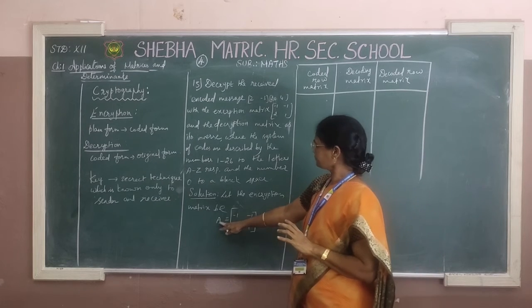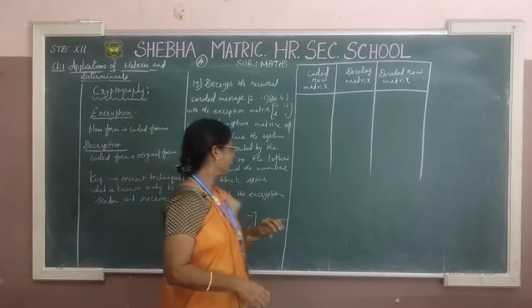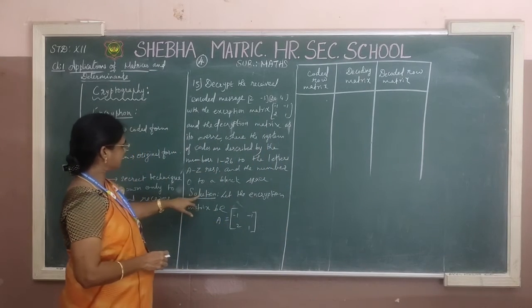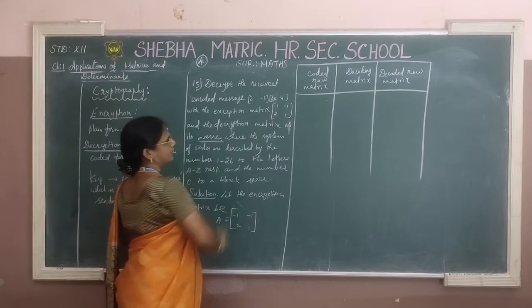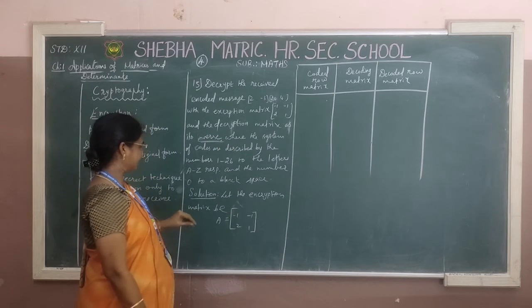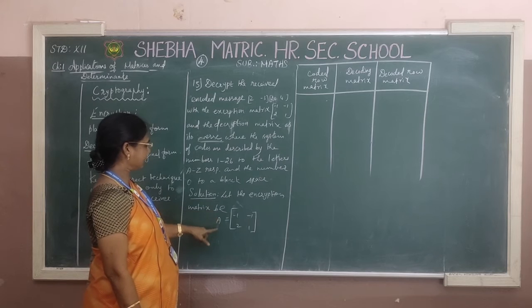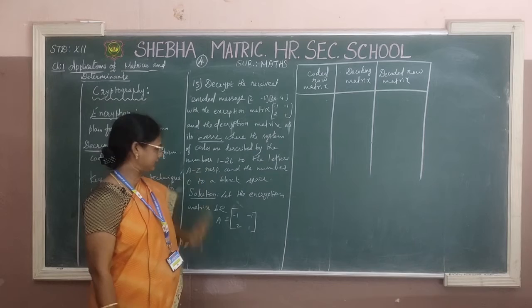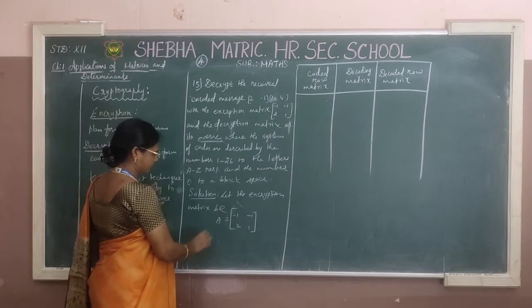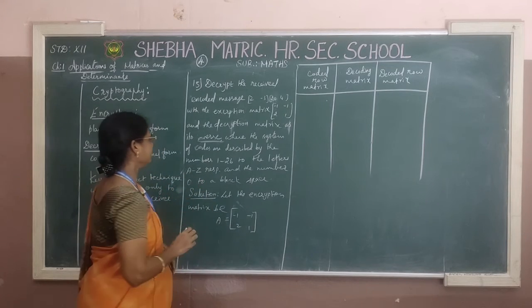Next, listen to the sum. Let us see the sum first. We have to find the inverse of the given matrix. So, first take the given matrix as A. This is our encryption matrix. If you find A inverse, that is our decryption matrix.